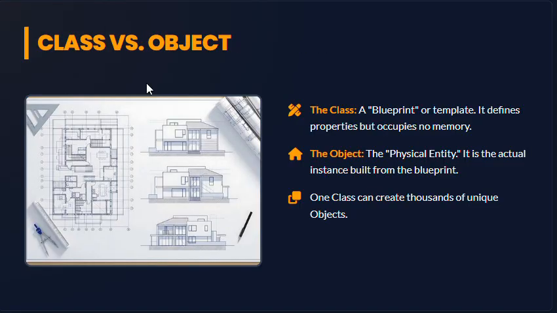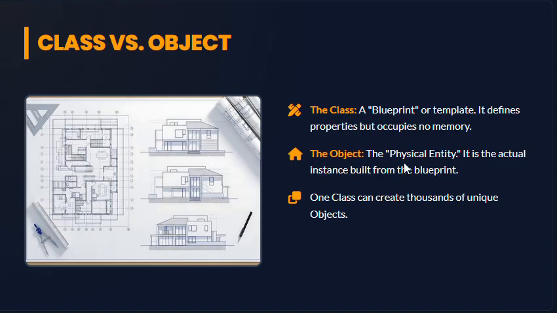You will hear these two terms constantly: classes and objects. Here is how we keep it straightforward. A class is a blueprint. If you look at an architectural drawing of a house, you can't live in it. It's just a logical template on paper. It takes no memory.